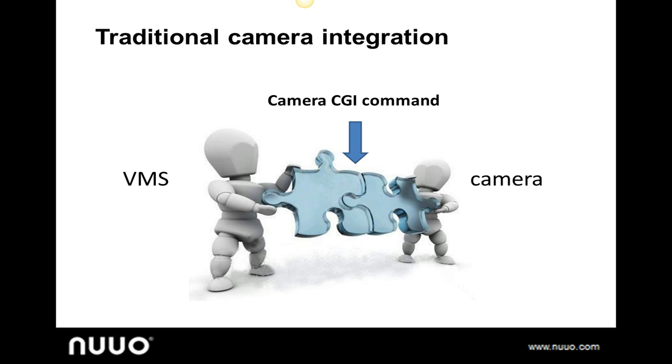So in the video surveillance industry, we have a VMS, of course, and we have IP camera. The traditional way that we integrate the camera is to use the camera CGI command. With the CGI command, the VMS knows how to pull the video stream from the camera, how to control the PTZ of the camera, how to adjust the resolution and FPS of the camera.